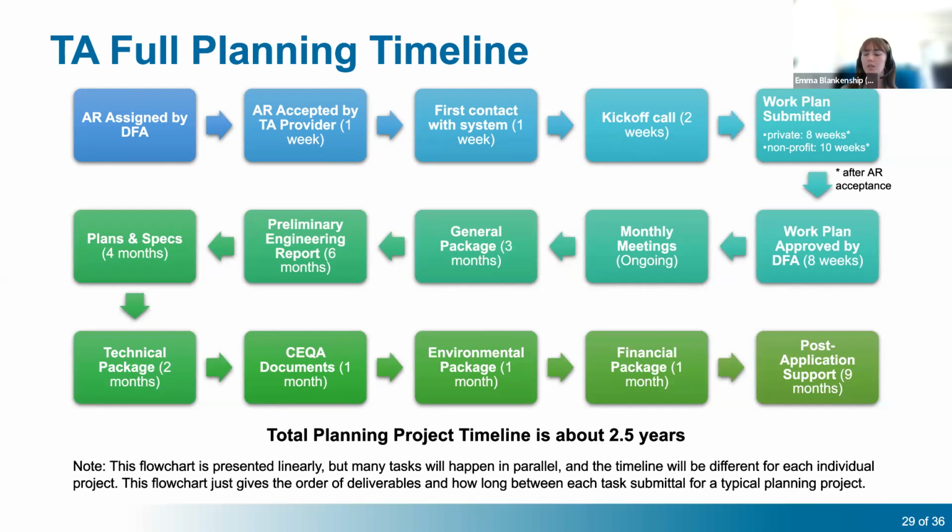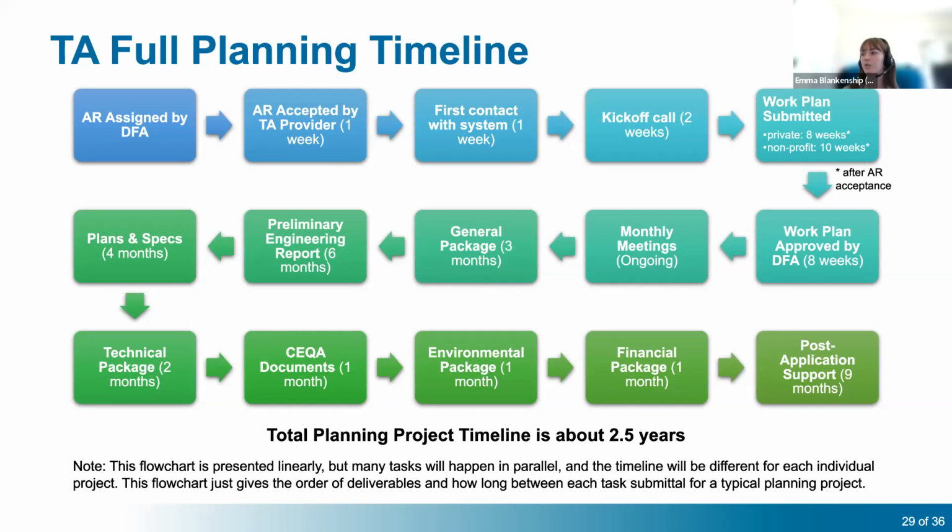So first, we start off by assigning the AR, and then the TA provider has a week to accept it. First contact with the system should happen 1 week after the TA provider accepts that AR. And then it might take 2 weeks to schedule a kickoff call based on everybody's availability.